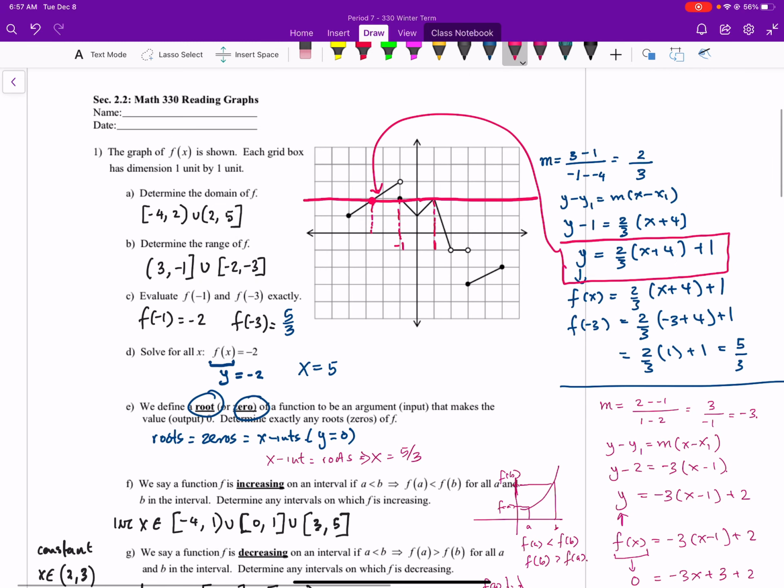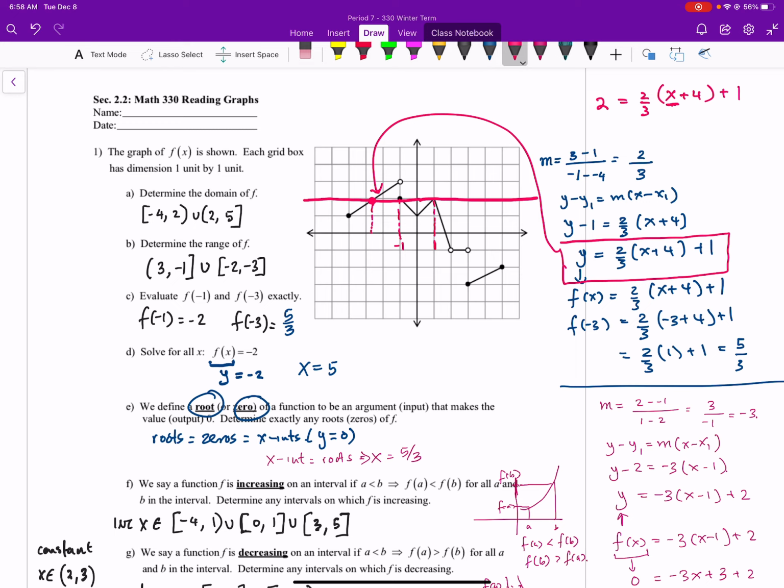And now let's go solve for the third piece. So the third piece, we know what the y is. y is supposed to be 2, which is equal to 2 over 3, x plus 4, plus 1, all right? So we need to solve for x. And we did this last term, solving for x. So let's see, how do we do this?